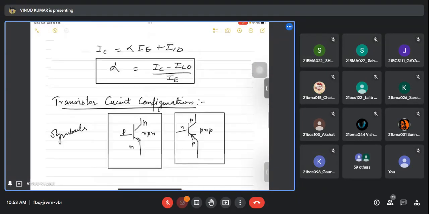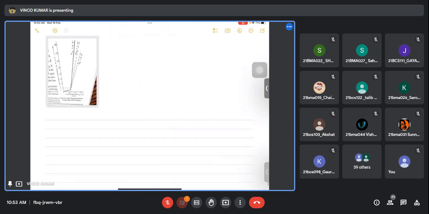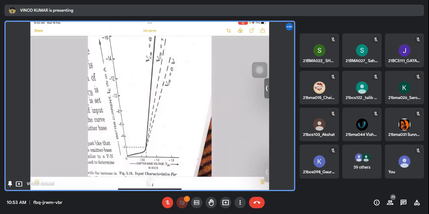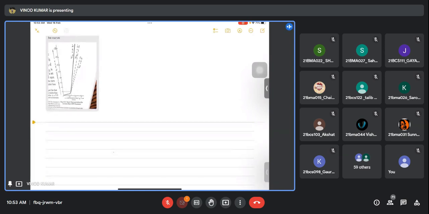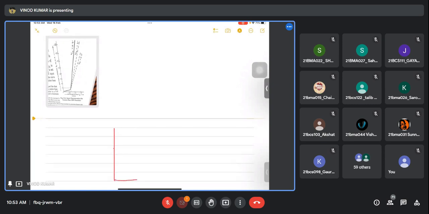Now, if you see it, these are the characteristics. I'll make it for you actually. This is better. Here what we are varying is the base emitter voltage, and it is the emitter current which is varied here.